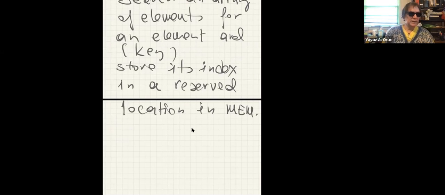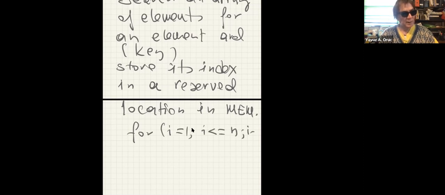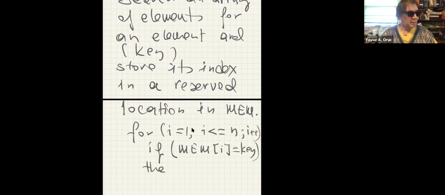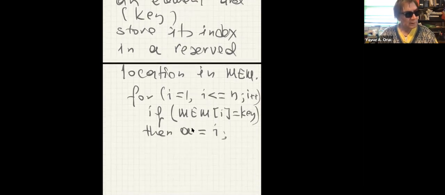Okay, so you could also write this as a simple loop. For example, you can say for I equals 1, I less than or equal to some number n, I plus plus, and say if MEM of I is equal to some key that you have, then some location A is equal to I. And then just simply do this.